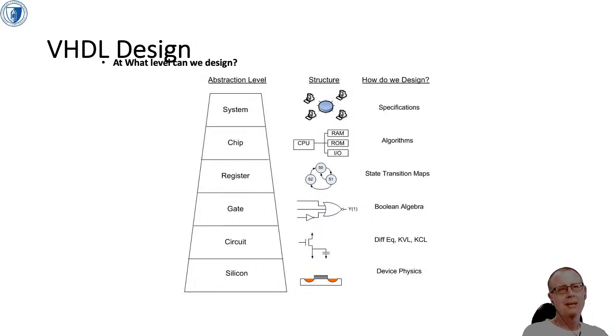There are lots of places we can do design. At the top level, when we're designing a computer system, we write down the specifications. When we're writing a program, we talk about algorithms that run on a CPU and deal with I/O and memory of one form or another, RAM or ROM.